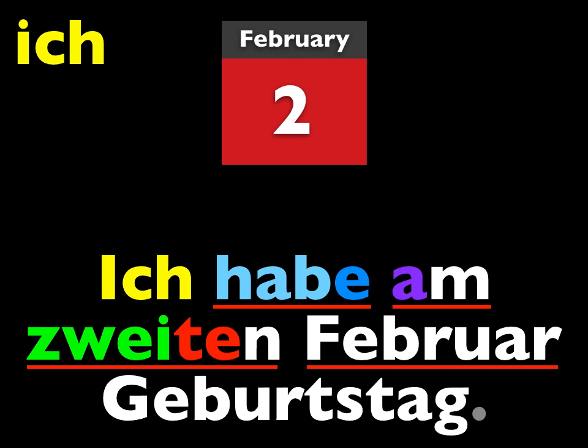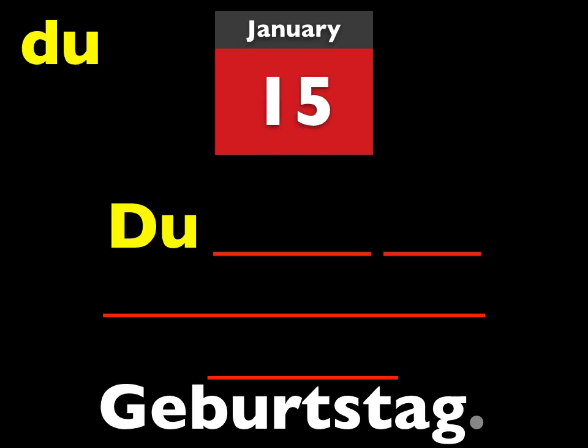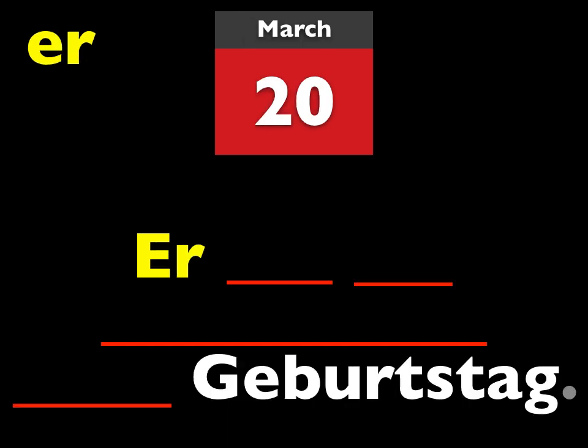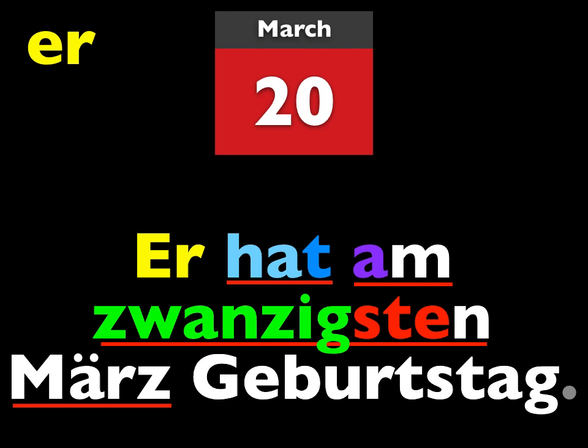Okay, well, let's give this a shot. I'll pause for you to respond. Ready? Go ahead. If you got it right, you said, Du hast am 15. Januar Geburtstag. Let's continue. Er hat am 20.